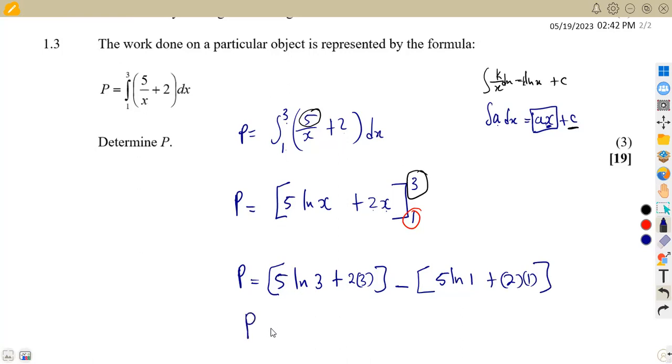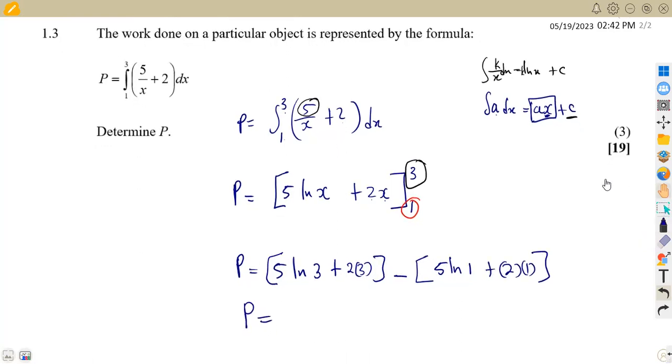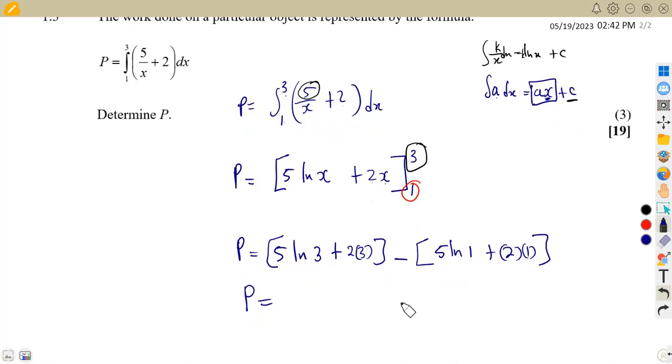So you combine everything from the first part. You can just combine everything with your calculator. This is going to give us a final answer of 9.493.